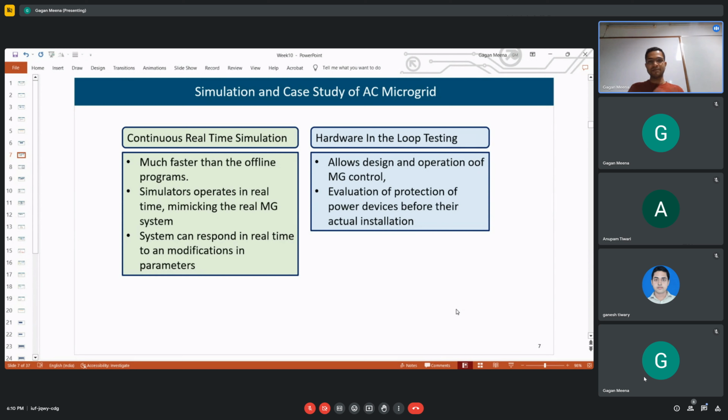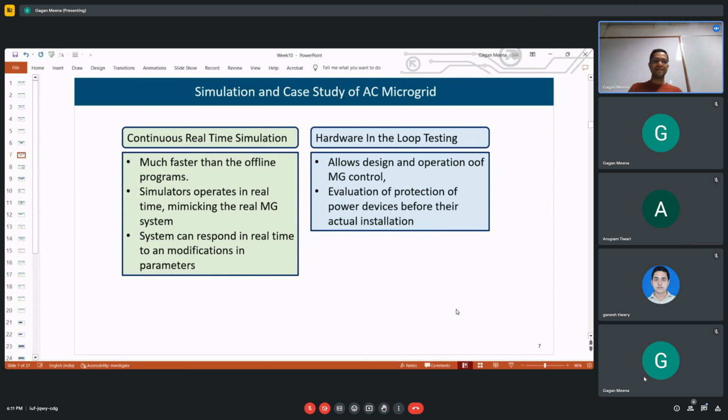These simulations also help us because in the actual system we don't know what will happen when contingencies occur, and we cannot create contingencies in an actual system, but we can do that on a simulation platform. We can create several kinds of contingency. We can remove one line, increase the load, reduce the generation.